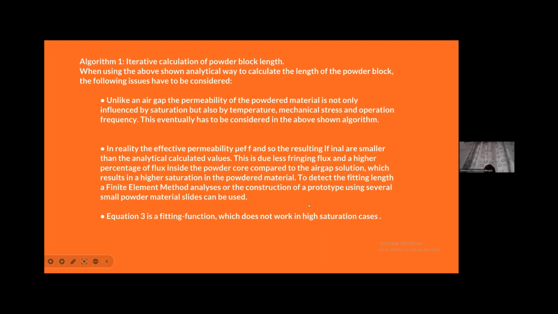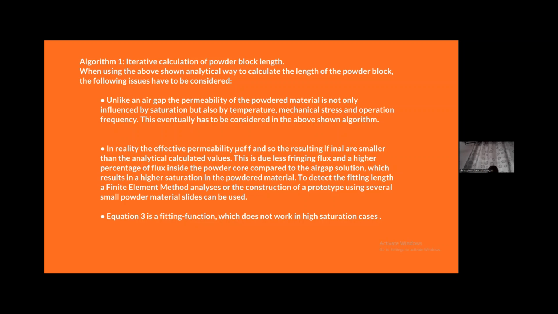Okay. So in algorithm one, the iterative calculation of powder block length. When using the above analytical way to calculate the length of the powder block, the following issues have to be considered. Unlike an air gap, the permeability of the powdered material is not only influenced by saturation, but also by temperature, mechanical stress, and operation frequency.